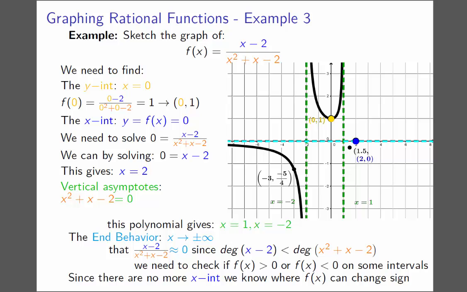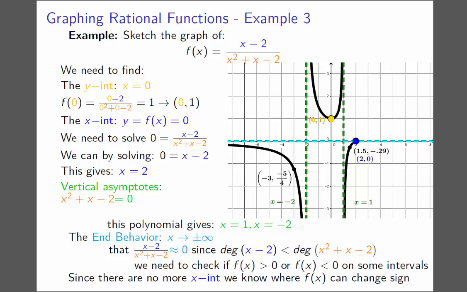To compute f of 1.5, we do 1.5 minus 2 over 1.5 squared plus 1.5 minus 2, which is approximately negative 0.29. The most important piece here is that our y value is negative, which means that between 1 and 2, our y values are always negative. And because we have a vertical asymptote at x equals 1, it must be going down to negative infinity there.